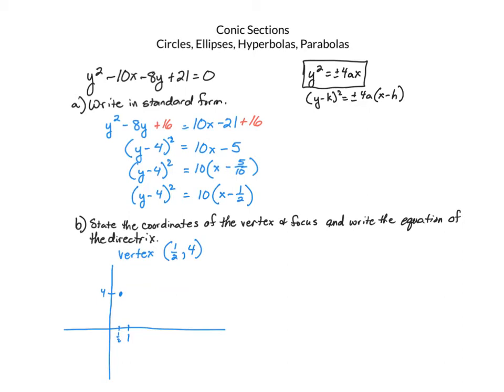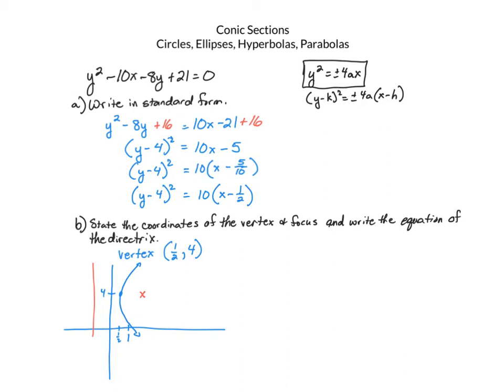I know this is opening to the right because we have an x equals y squared type, and the coefficient here is positive. So I'm just lightly doing this. It doesn't matter how wide or narrow I have it because the goal is just to find the focus. It just helps me think it through. So my focus is over here somewhere, and my directrix is over here somewhere.